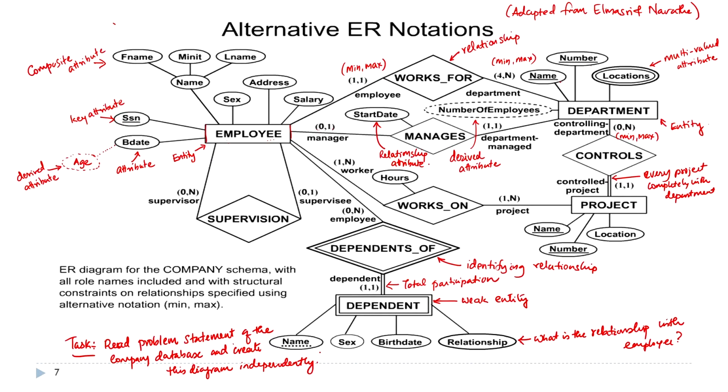Okay. Without looking at the problem statement, without looking at this diagram, try to create it by yourself and see how much you have come across, what you have missed, what you have not missed. So, you will have a clear idea.